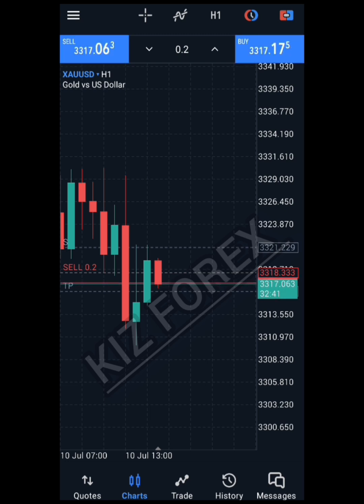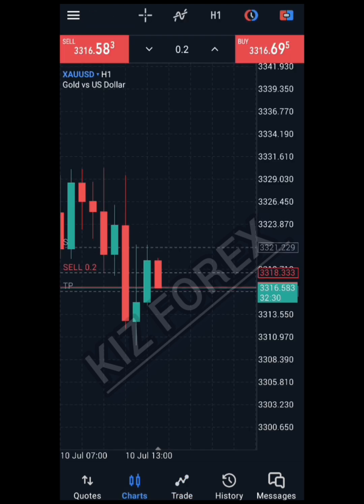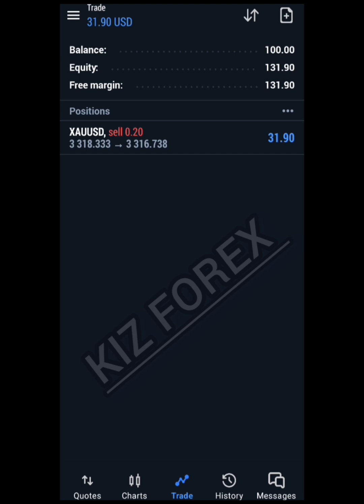Let's just add something to the $100 and see if we can push it on from there. So I've set my take profit because of the way I'm seeing the market, and our take profit is almost about to be hit because it's not quite far from our entry point right now.